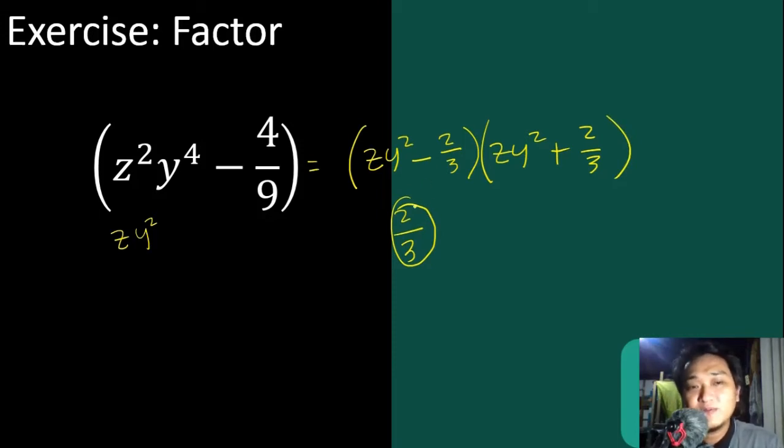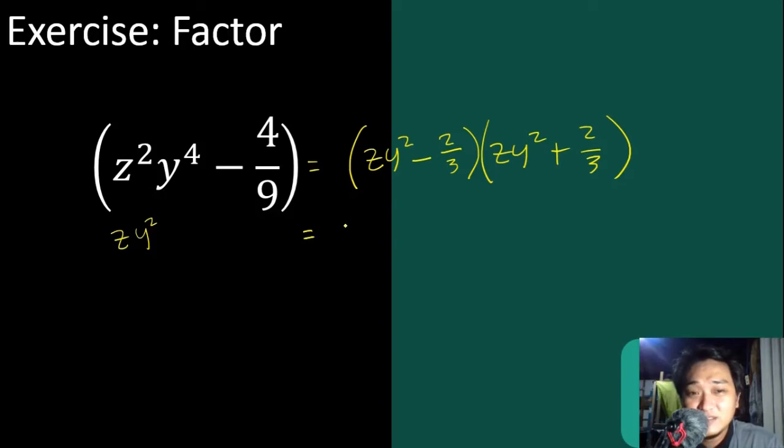O meron pa bang ibang paraan para ma-factor yan, para makita talaga natin yung step by step na process ng factoring? Meron. O ganito, katulad nung ginawa natin previously, so we express z squared y to the fourth, pinag-isa natin sila in one parenthesis.